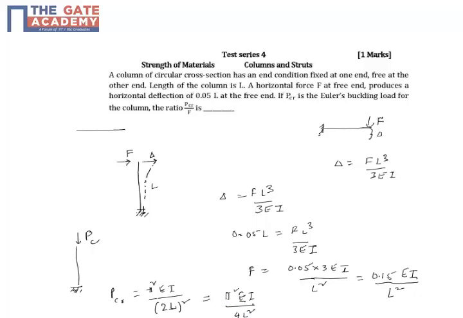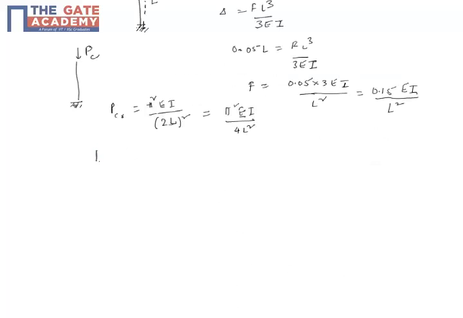Now what they want is the ratio of P critical by F. So pi square EI by 4L square, and F is 0.15 EI by L square.